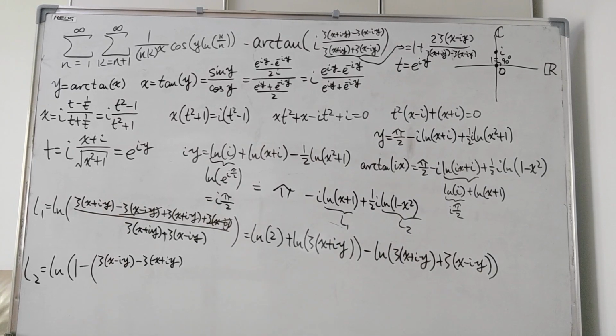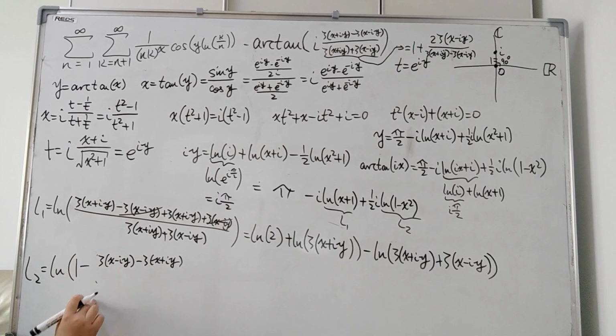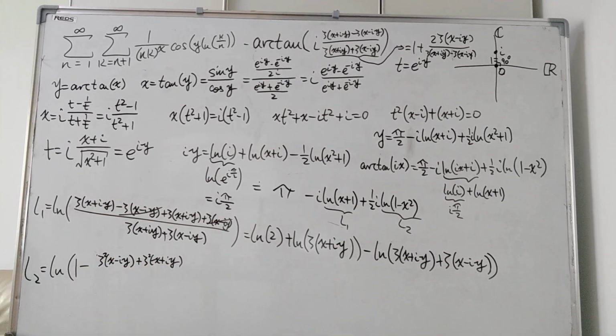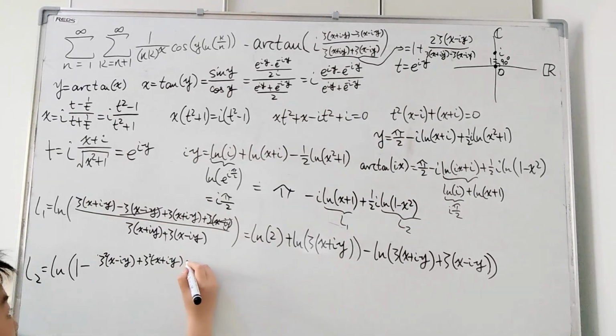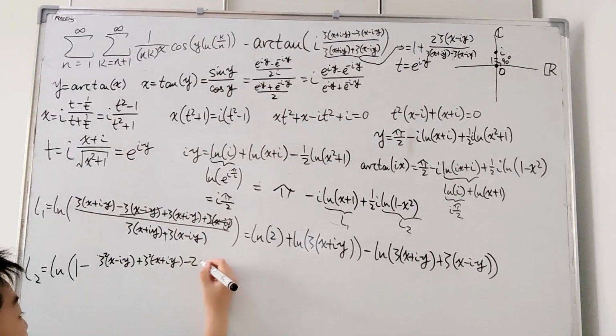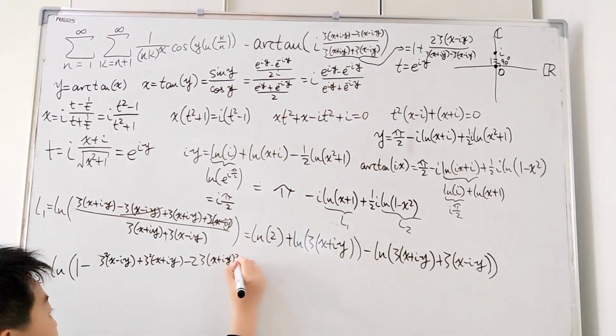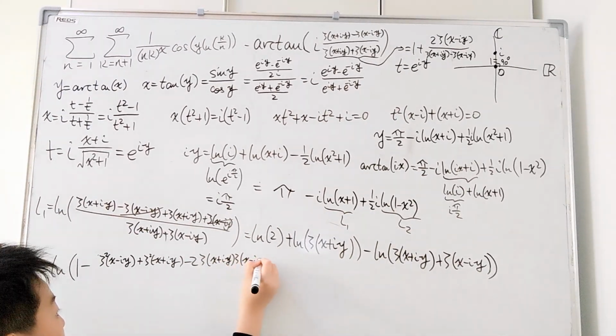Should we just do it? Should we just square it? I feel like that should be better. I don't want to spend all the space. So this is zeta squared plus this zeta squared, and then we have minus 2 zeta of x plus iy zeta of x minus iy.